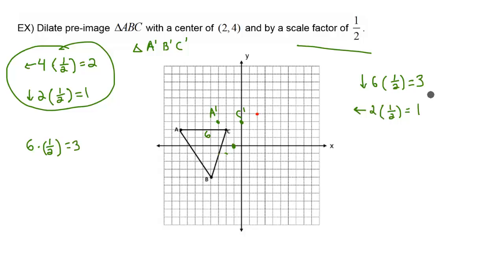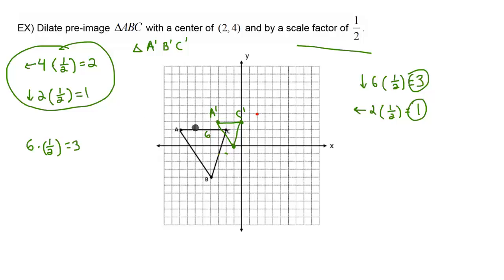Okay, and we're just going off of these movements here, right? Because we were originally going down 6 and then to the left twice from C to B, but we multiplied those distances by 1/2, and so we're really going to go down 3 and then over 1 from C prime. And I could connect all these points, and that's going to give me my new triangle.